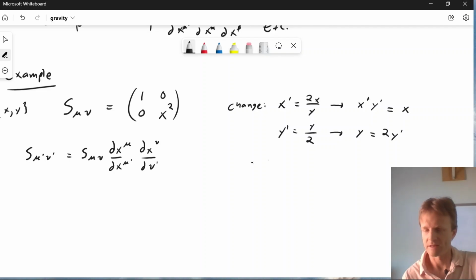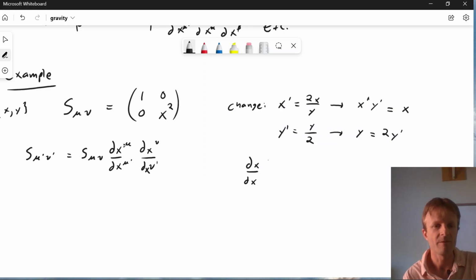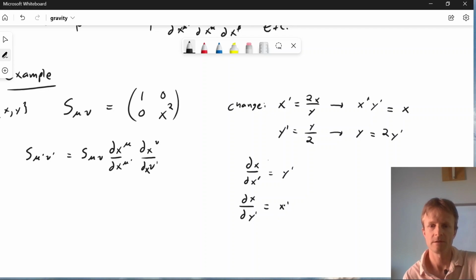So let's just write them all out. We need d unprimed d prime. So let's just do them all. dx prime, looking up here, is y prime. Do stop me if I make a mistake. dx dy prime is equal to x prime, according to the equation up here.